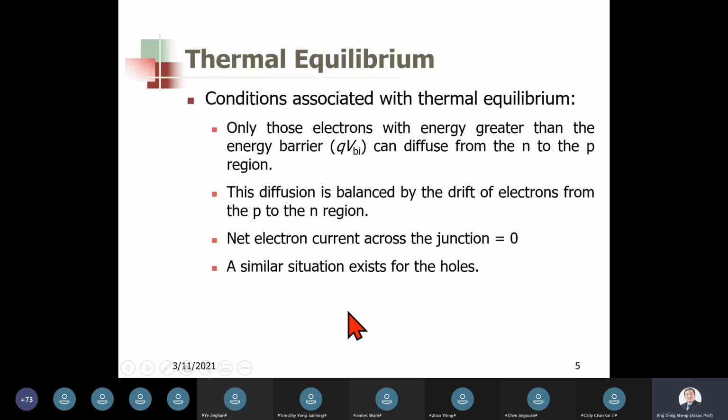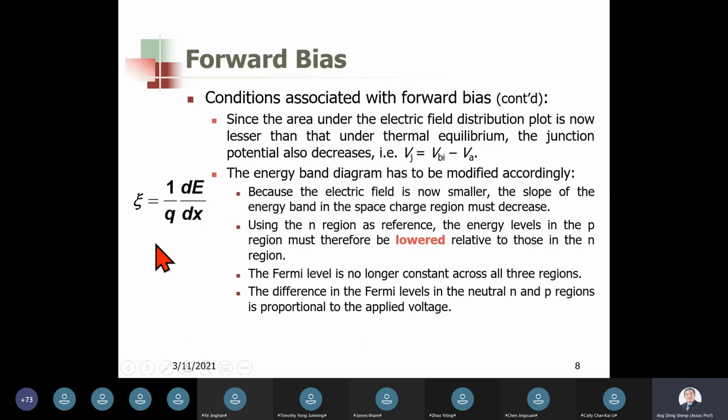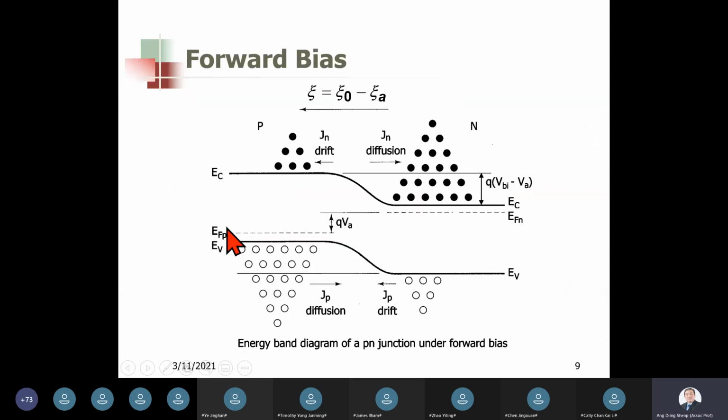If you recall, in part 1 you came across the equation where electric field is related to the gradient in the energy band diagram. So under forward bias, this gradient is smaller, reflecting a smaller junction electric field. That's how we draw the energy band diagram of a PN junction under forward bias condition.